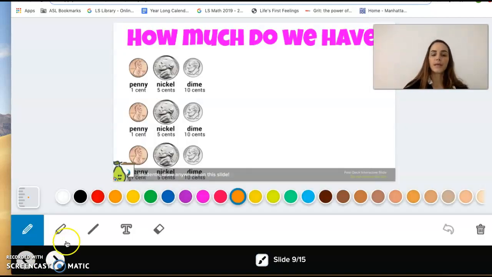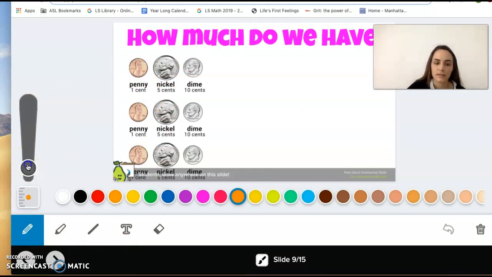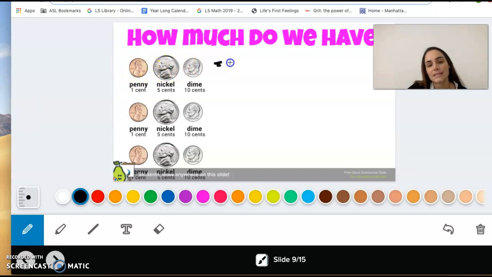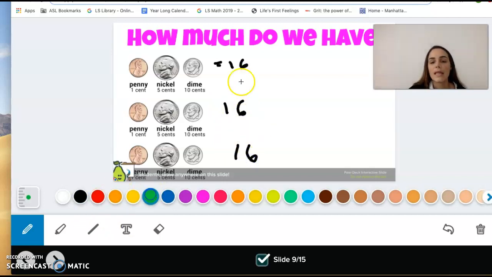Okay, this week, you're gonna also have some work counting coins. So one strategy that's gonna help you is to group them. For example, okay, I know 1 plus 5 plus 10 equals 16. I have 16 in each because all of them are the same. Then I'm gonna use the same strategy. I'm gonna regroup my numbers.